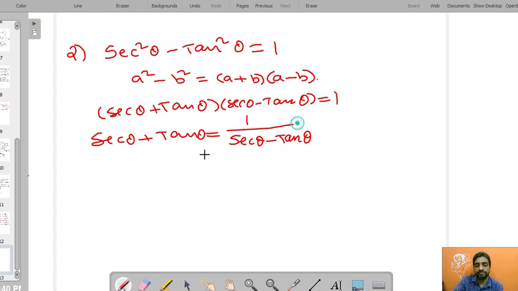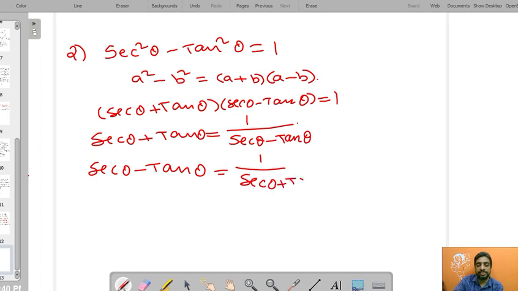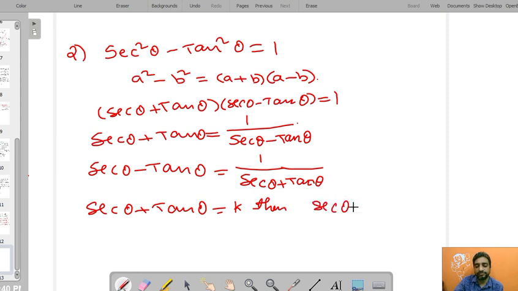Very nice. In the same way, secant theta minus tan theta we can write by sending secant theta plus tan theta to the right hand side: 1 by secant theta plus tan theta. So in the objective type, they used to ask that if secant theta plus tan theta is equal to k, then secant theta minus tan theta is nothing but 1 by k.